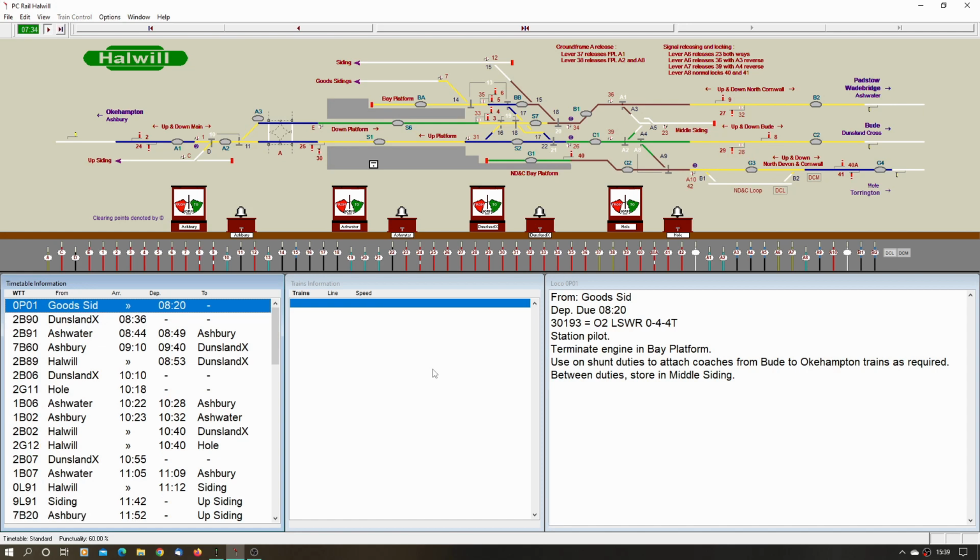Right, that's disappeared. Let's get the old time advance. Yeah, that's gone to 8:19 now, so that's jumped forward quite nicely. A minute before this one's due to come out the siding.